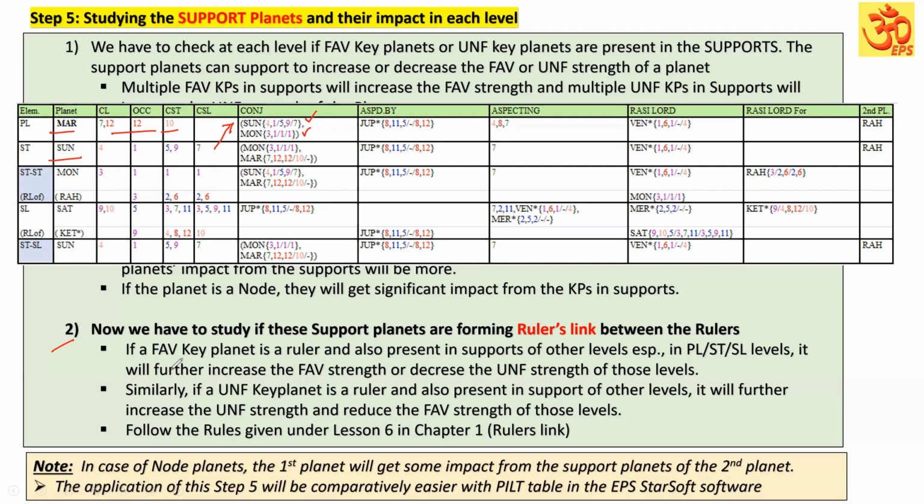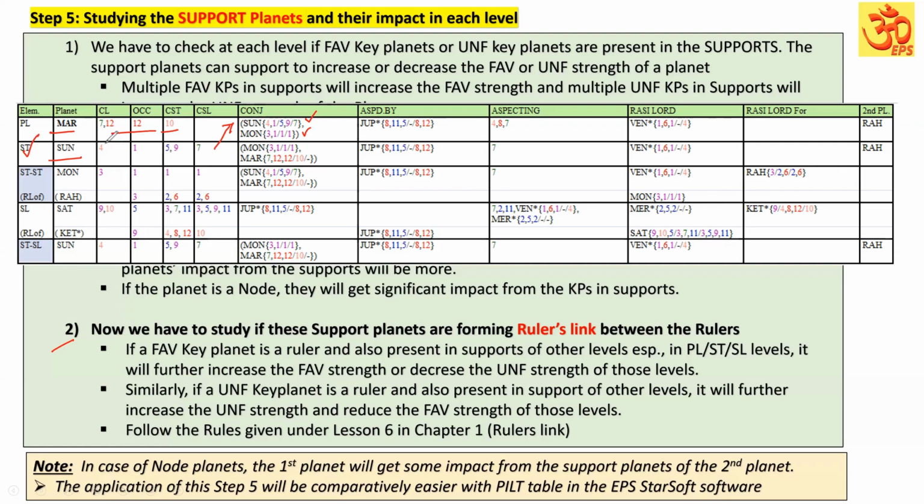So if a favorable key planet is a ruler and also present in the support of the other level, especially planet, star lord, or sublord, then it will increase the strength of that planet. That support planet's influence will be more because it is also ruling the other level.